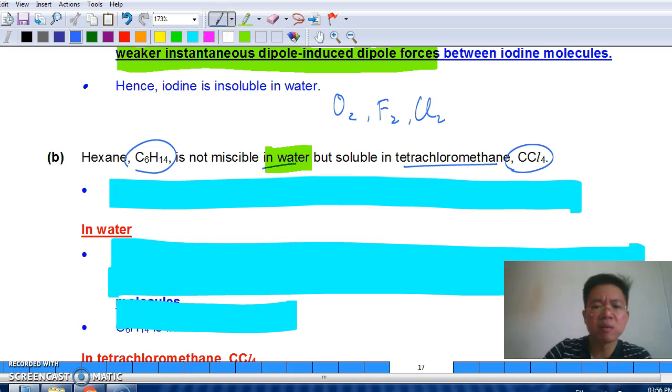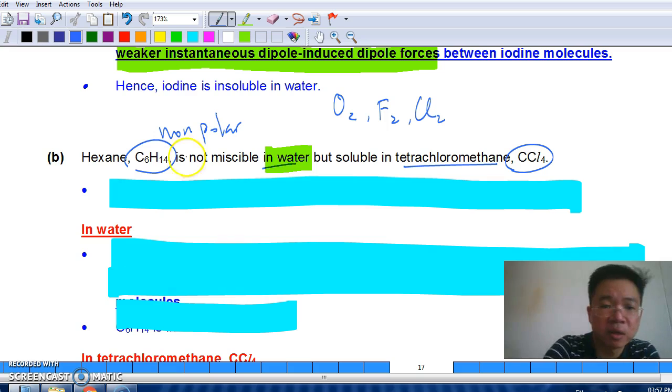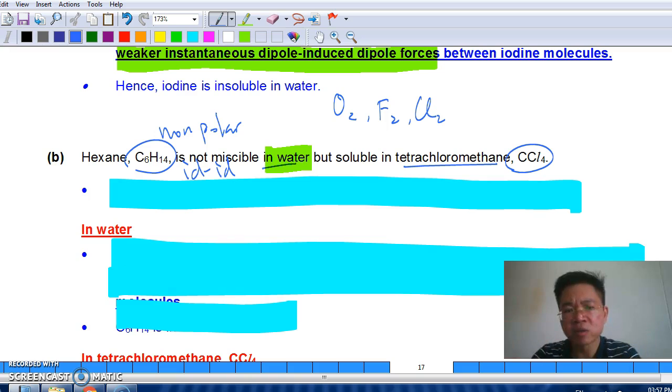Is it polar or non-polar? Remember in the lecture we mentioned that C and H have very similar electronegativity, and hence any hydrocarbon is considered non-polar. So if it's non-polar, what is the predominant type of interaction? It's ID-ID. So ID-ID, back to part A, is not compatible with the strong hydrogen bonding in water. Therefore, it's not able to dissolve in water.